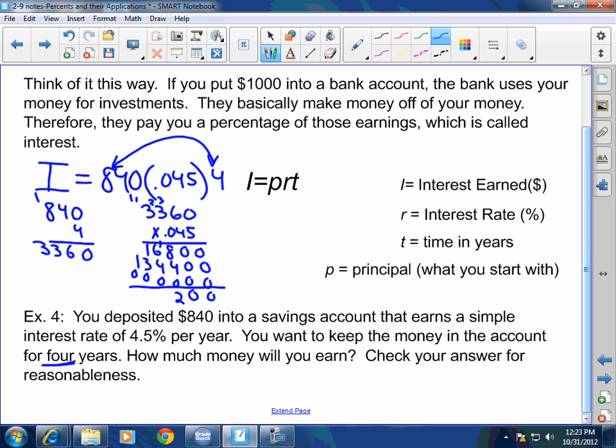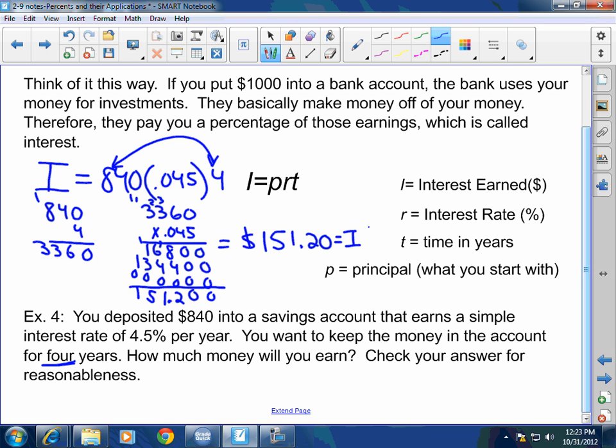Carry the 1. 7 and 4 is 11. 1, 1, 4, 1, 5. There's 1, 2, 3 decimal places. So you can expect to earn $151.20.